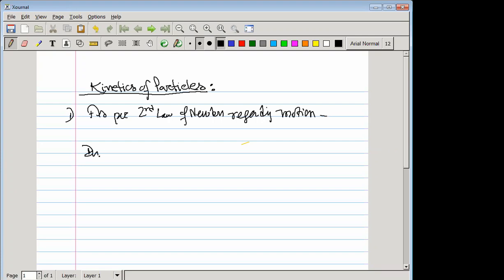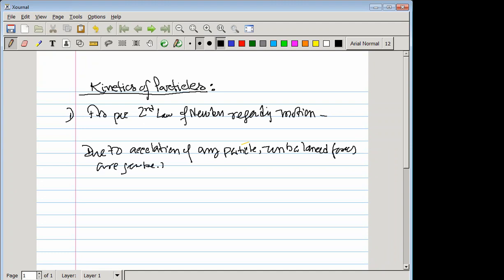Due to the acceleration of any particle, unbalanced forces are generated. So kinetics deals with those unbalanced forces and the resulting change in the motion of that particle. So it is clear what the meaning of kinetics of particle is.